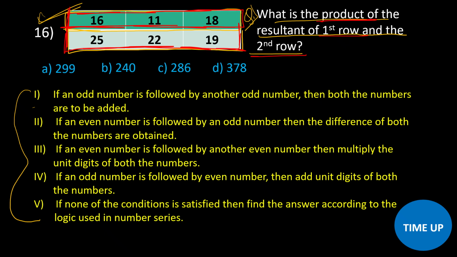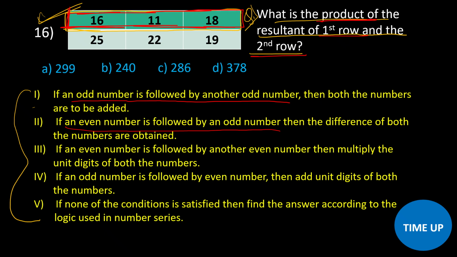So I'll focus on the first row now, and I will see the conditions. If an odd number is followed by another odd number, 16 is not an odd number, so the first condition will not apply. Come to the second condition: if an even number is followed by an odd number. Yes, 16 is an even number, followed by an odd number.